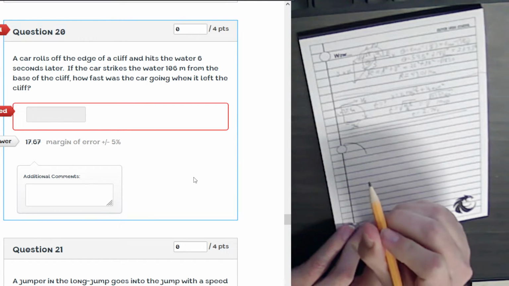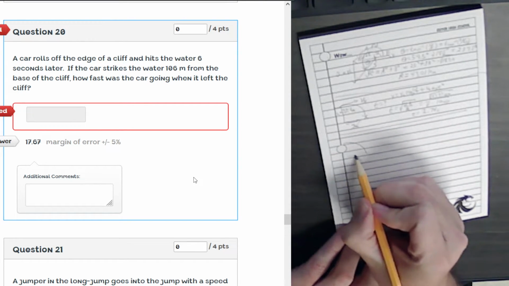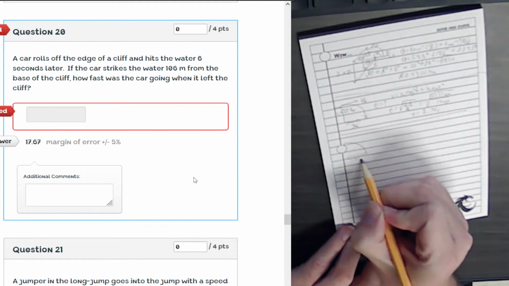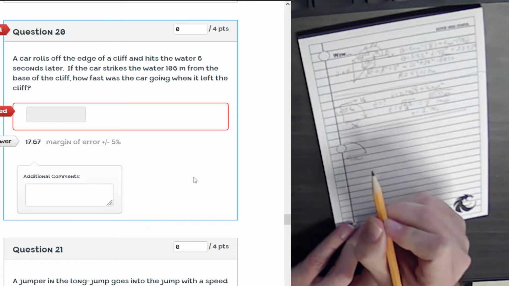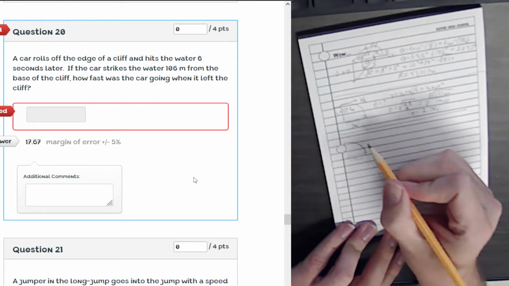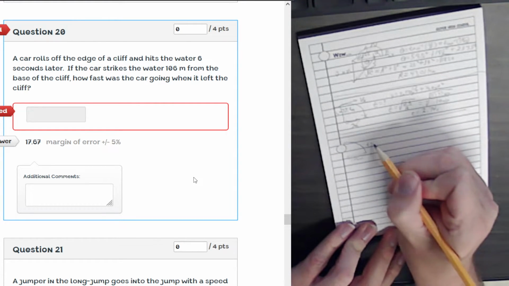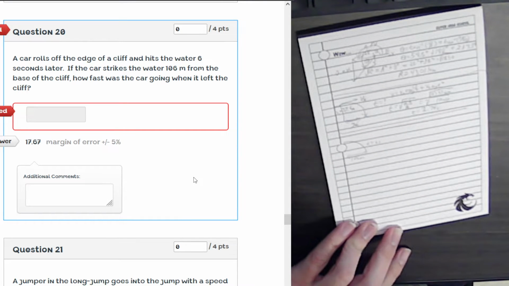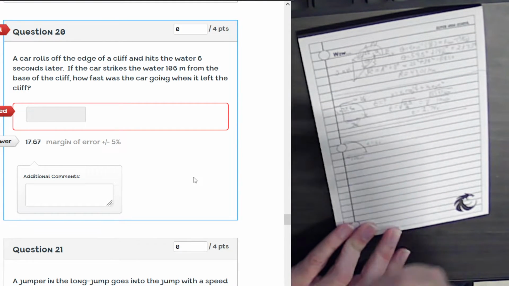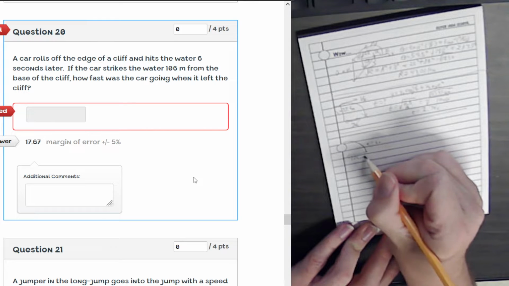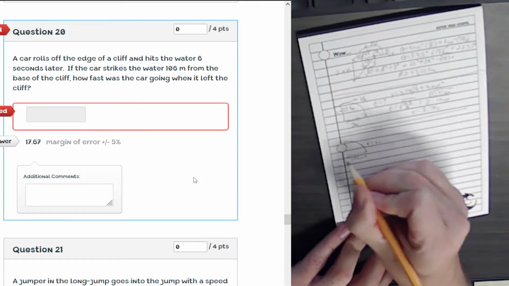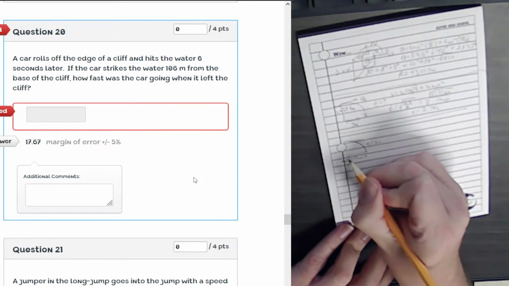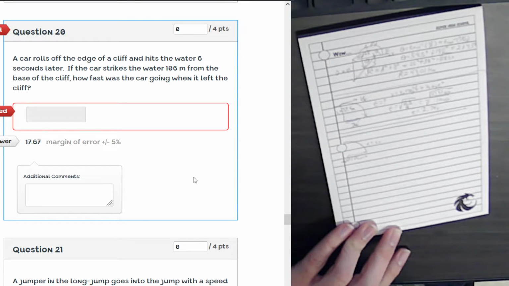It gives you the range as 106 meters and gives you the time. So time equals 6 seconds. And so this is your range. This is kind of like delta x.